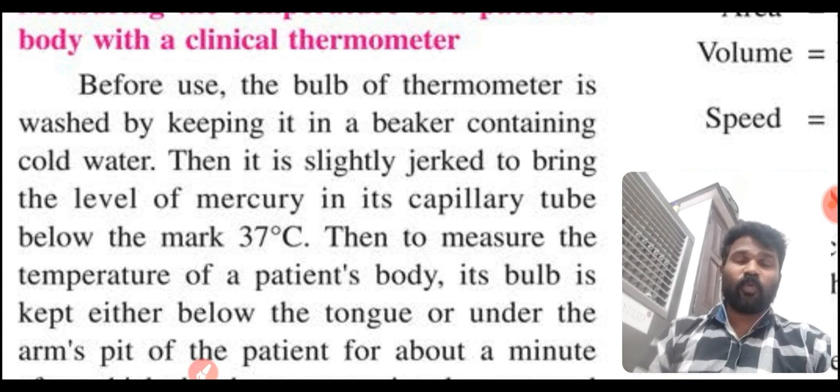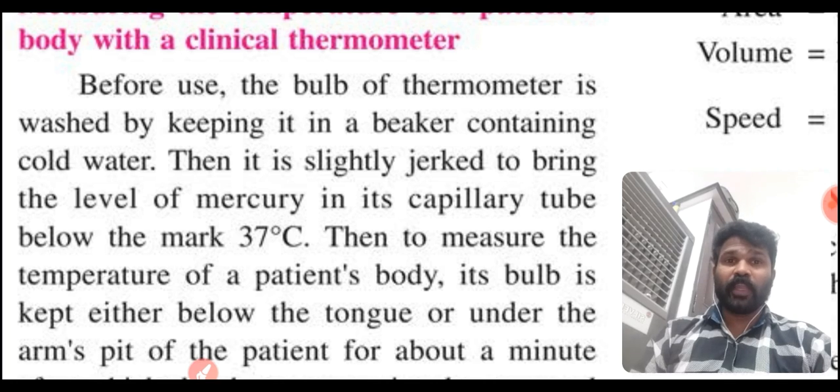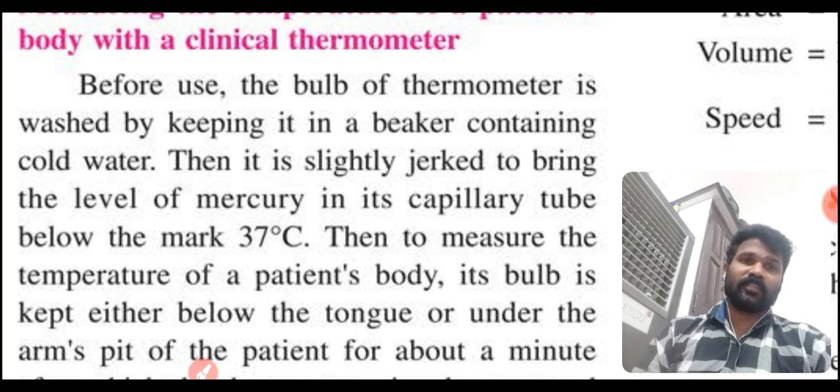First we have to wash the bulb of the thermometer by keeping it in a beaker containing cold water. Then it is slightly jerked to bring the level of mercury in its capillary tube below the mark 37 degrees Celsius.